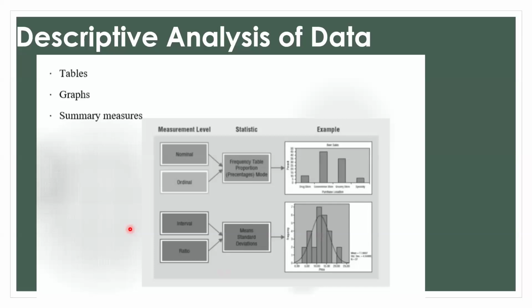We were talking about the tables, graphs, and summary measures. As summary measures, you can use tables or graphs. When it comes to the nominal and ordinal scale, you can use a frequency table, and you can get frequencies or percentages, and the mode, with nominal and ordinal data.